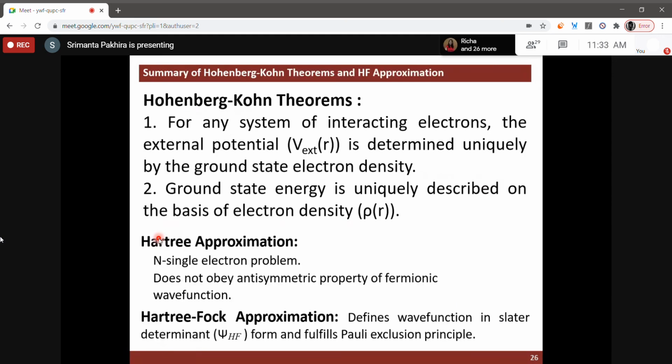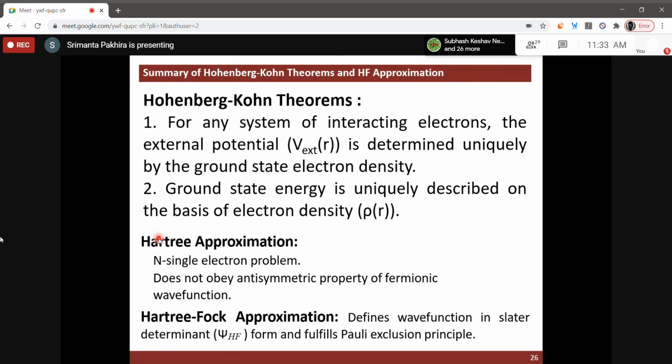So what is the summary? If we go to the summary of the Hohenberg theorems and today's Hartree-Fock approximation, the first is a very good theorem: if we consider a many-electron interacting system, the external potential is determined uniquely by the ground state electron density.